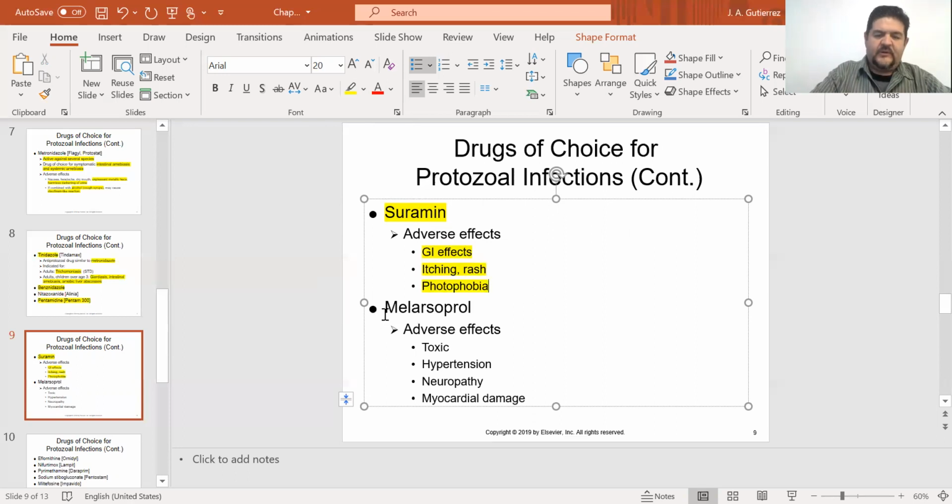Miltefosine is one of the newest drugs also used for this type of infection. The highlight of this is that it's a very toxic drug so far, and it produces neuropathy, myocardial damage, and hypertension. Regarding neuropathy, it is nerve pain.